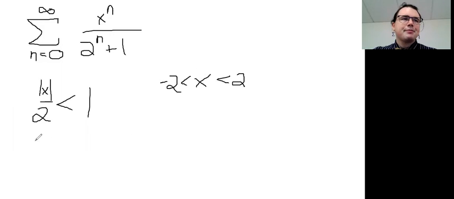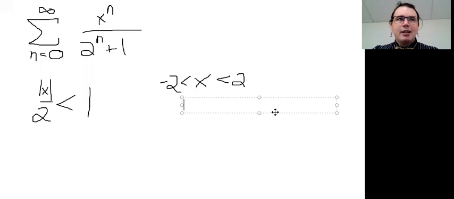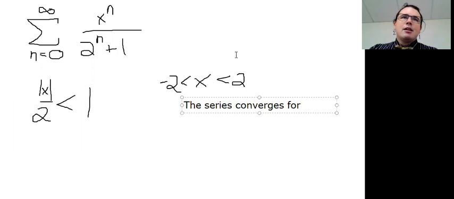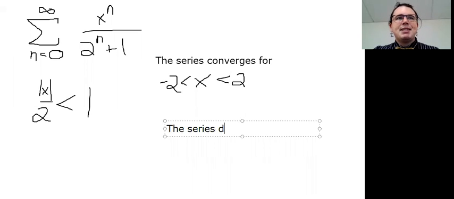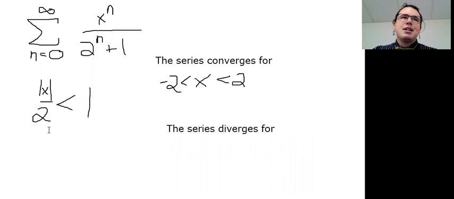Cool. And then my test will say the series converges. Well, where do I get divergence using the ratio test? I'll say the series diverges as long as x is a number where this fraction is bigger than 1.